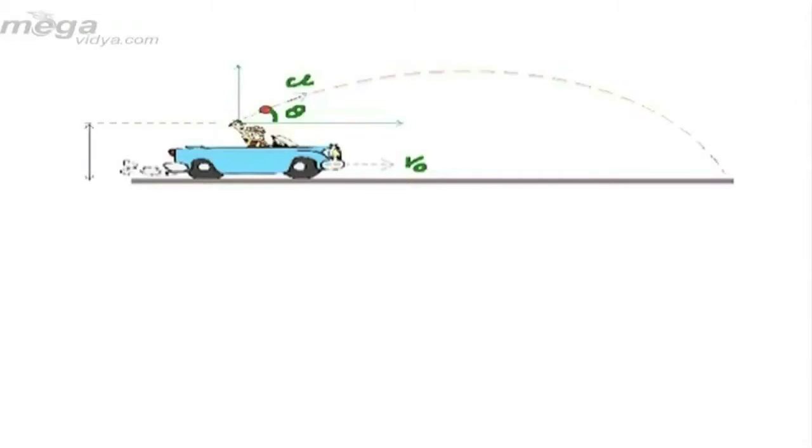The height from where the ball was released is h. We are taking our reference frame as the xy coordinate system such that the positive x direction indicates the direction of motion of the car and the positive y direction is vertically upward.